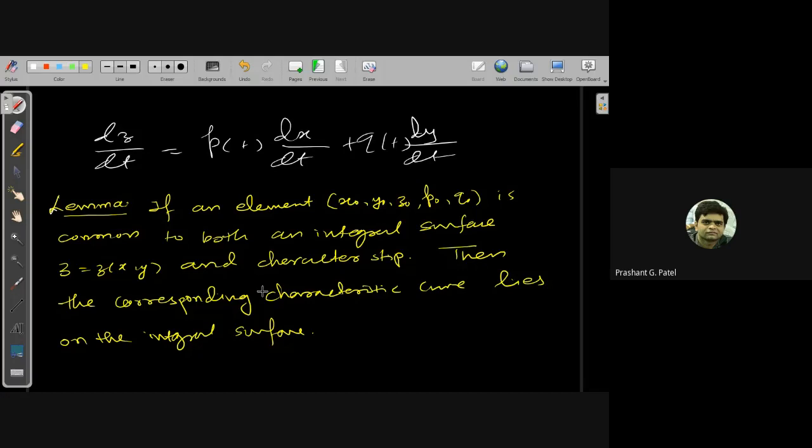We'll use this lemma to prove the uniqueness of a solution of Cauchy's problem for nonlinear partial differential equation, and that we will discuss later on. But before that, let us solve certain examples to find a Cauchy's problem for nonlinear differential equation.